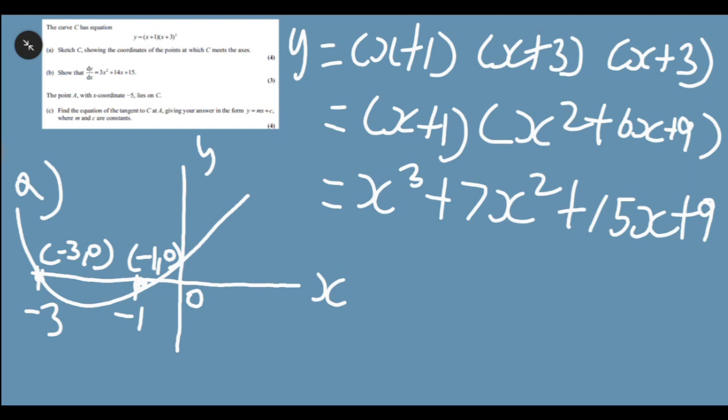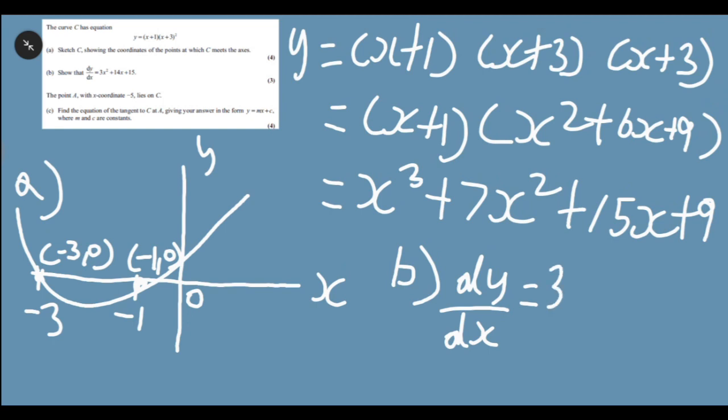Question B says, show that dy over dx is equal to 3x squared plus 14x plus 15. To simply answer this question, we just have to differentiate the equation of curve C. Now let's do that. So we write down dy over dx. The derivative of x cubed would be, you do 1 times 3, because that's the coefficient.